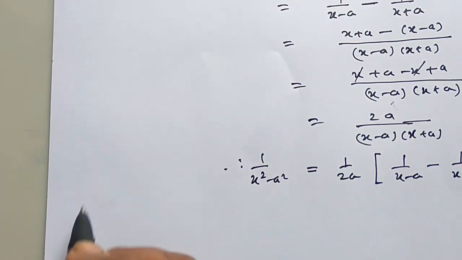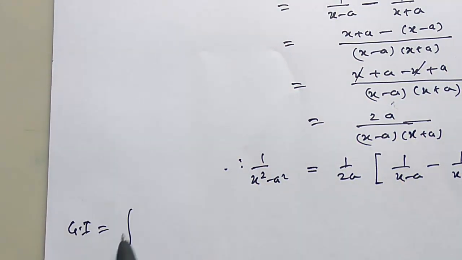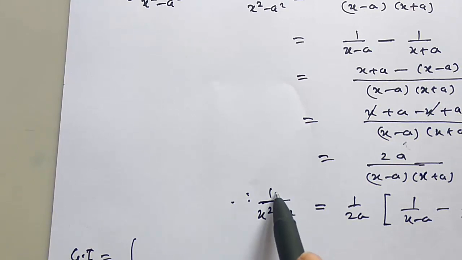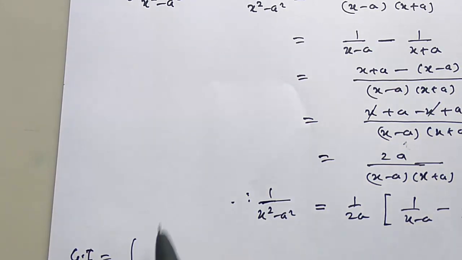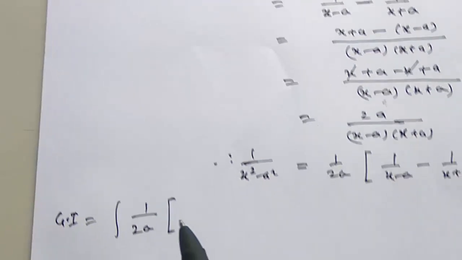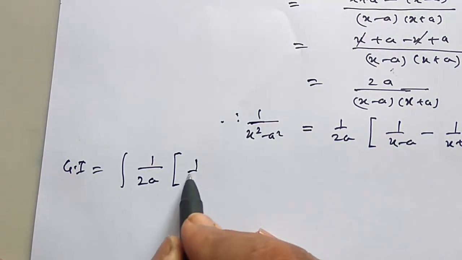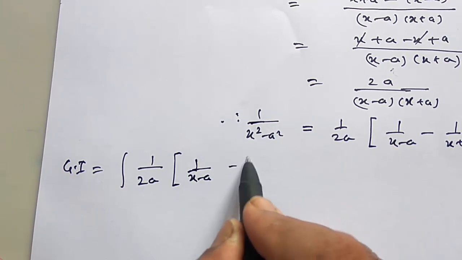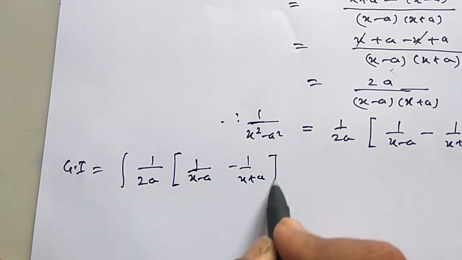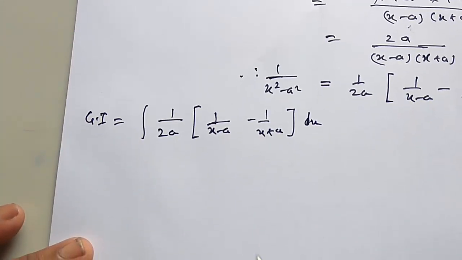Therefore the given integration, integration of 1 upon x square minus a square, is 1 upon twice a bracket 1 upon x minus a minus 1 upon x plus a dx.